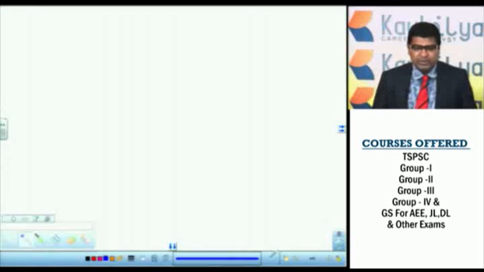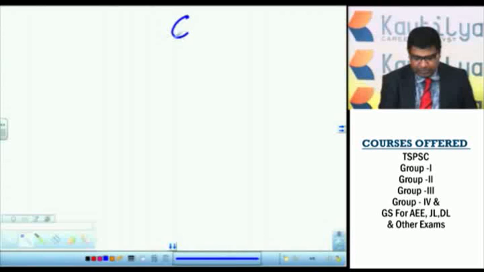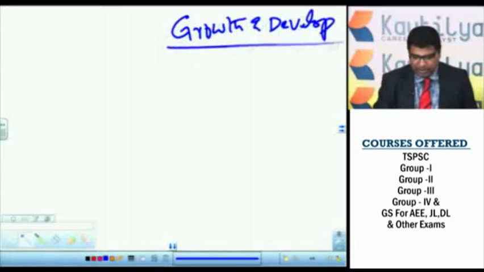Now we are going to discuss an important topic. It is given in the Group 2 Indian Economy syllabus. The name of the topic is Economic Growth and Development.